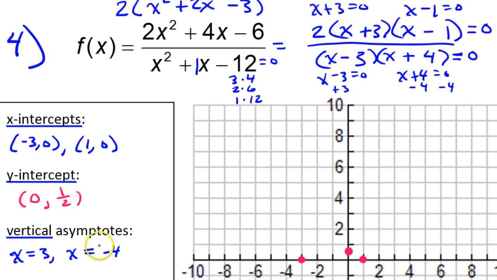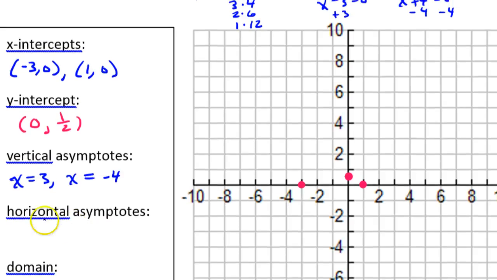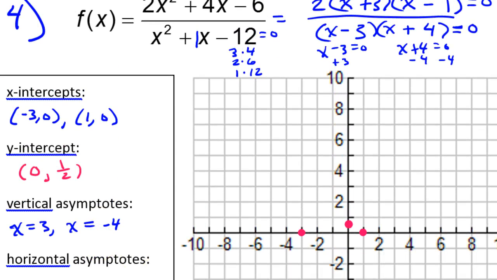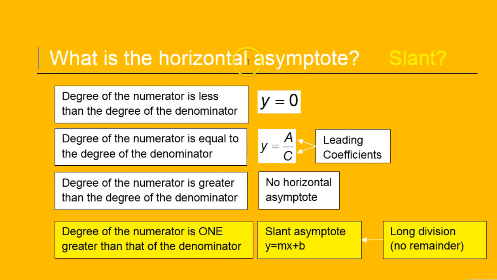Horizontal asymptotes. As soon as we mention horizontal asymptotes, we have to stop and think. Got to be aware of the degree for horizontal asymptotes. We have to decide which one of these 3 situations we're in. If the numerator degree is less than the denominator, then the horizontal asymptote will be y equals 0.